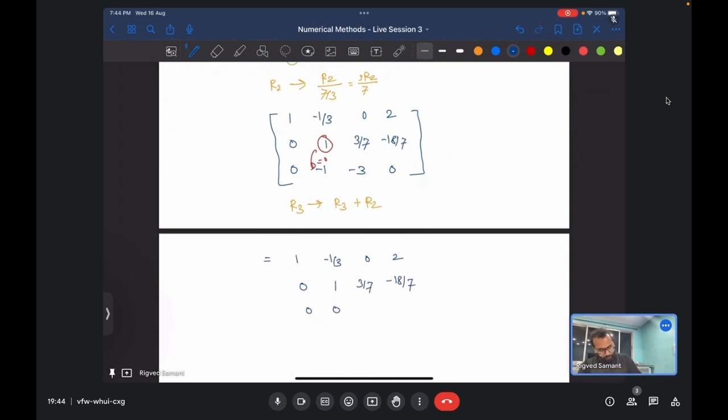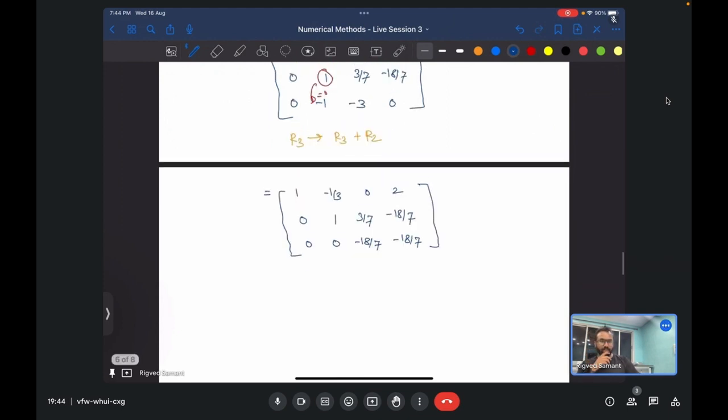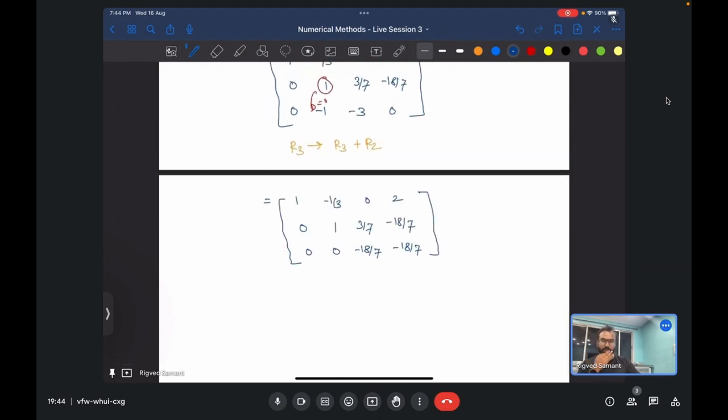What will we get here? Minus 18 by 7. Is it correct? Yes, right. This is right.